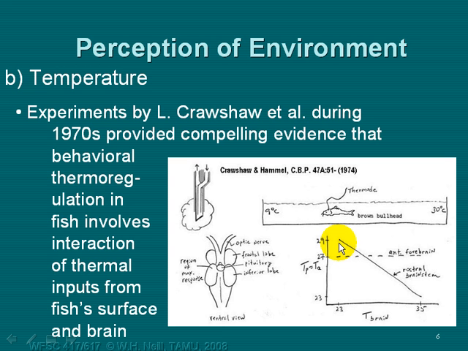If he let the fluid be relatively warm, the catfish selected a cooler place in the gradient. It was as if the catfish was saying, hey, my brain is saying I'm too cold or I'm too warm, and so what I'm going to do is move around until my external receptors say that things are better.